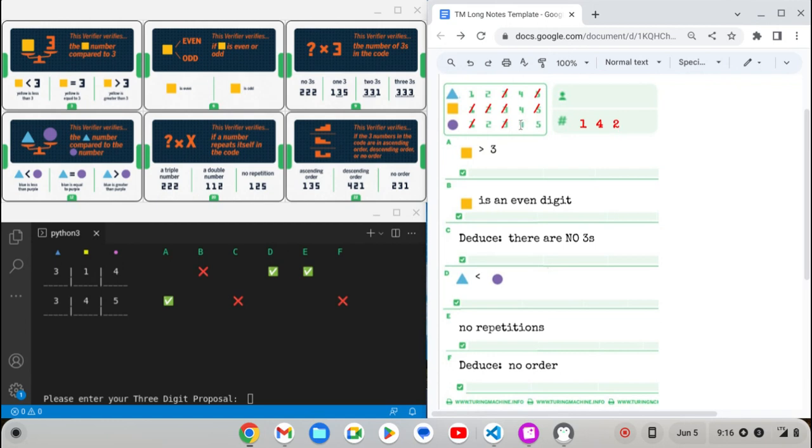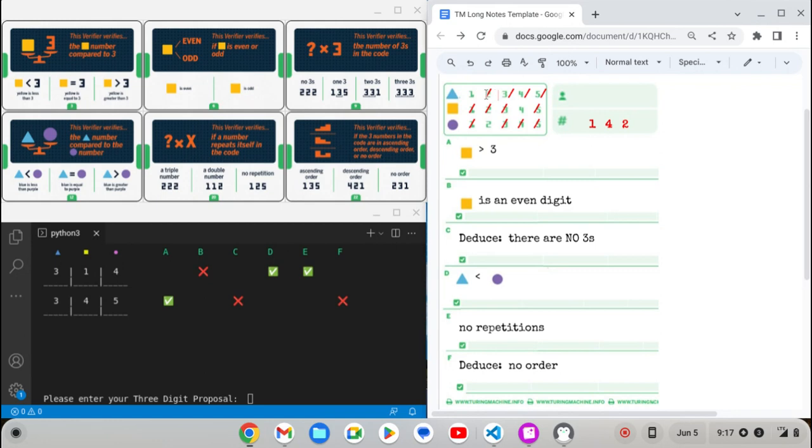So that's why circle is neither 4 nor 5. Okay, so that gives us our 4, 2. And again, because of uniqueness, triangle can't be 4, and triangle cannot be 2.